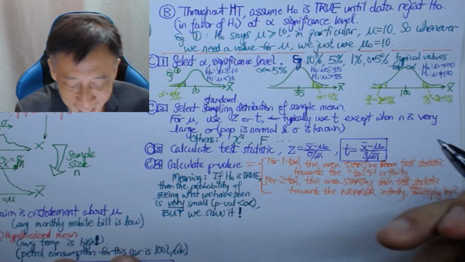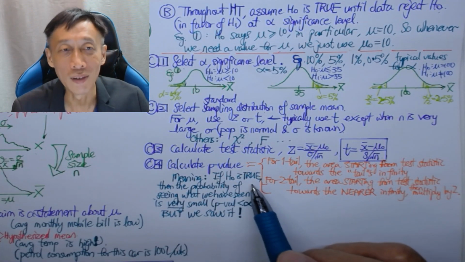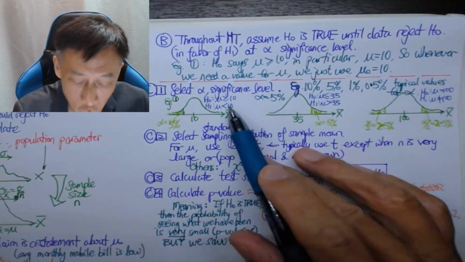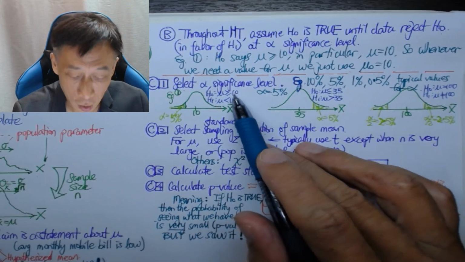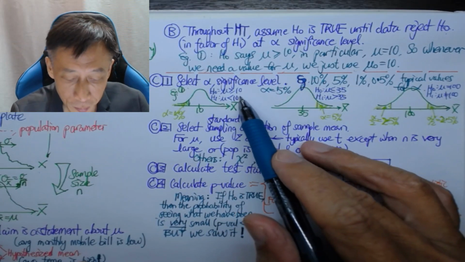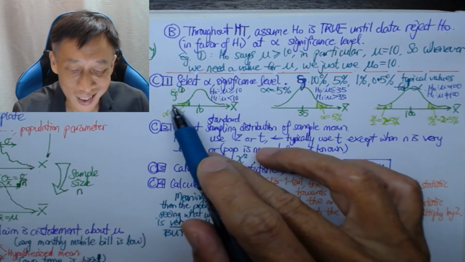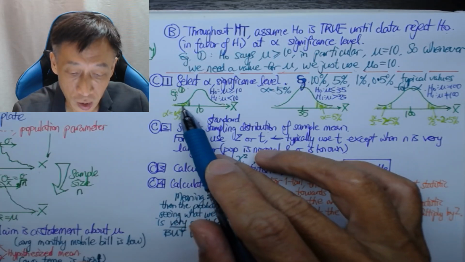So what does that mean? Assuming H naught is true, assuming the population mean of the bill is $10 or more, very expensive, and we got a p-value that is small. That means it is inside this tail. That's why it is smaller than the alpha shaded region, the green region.